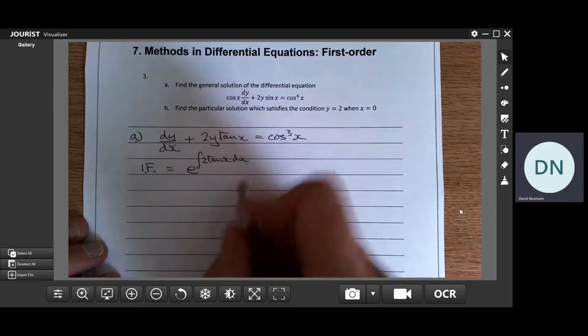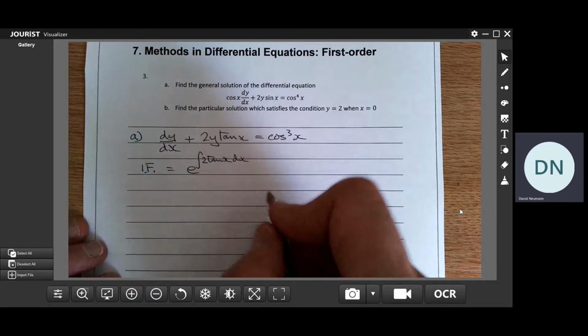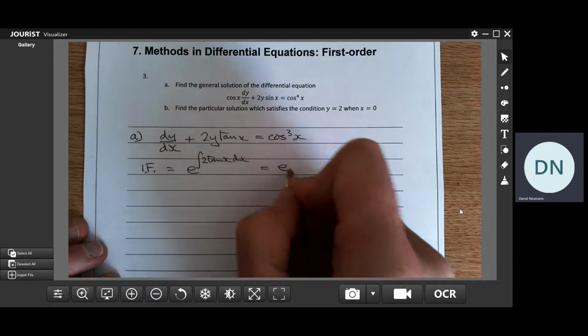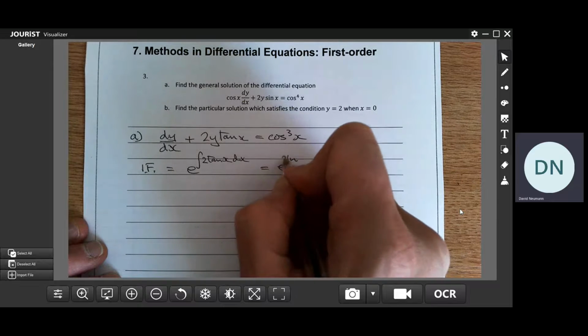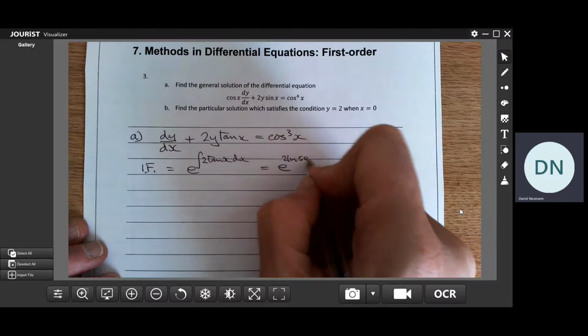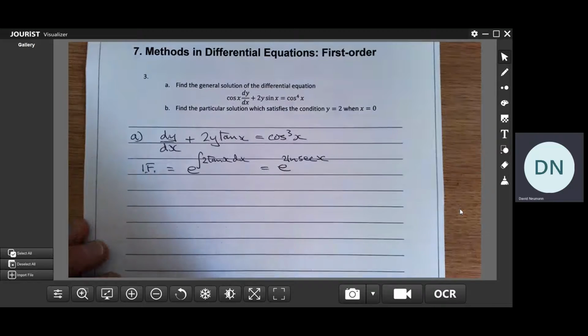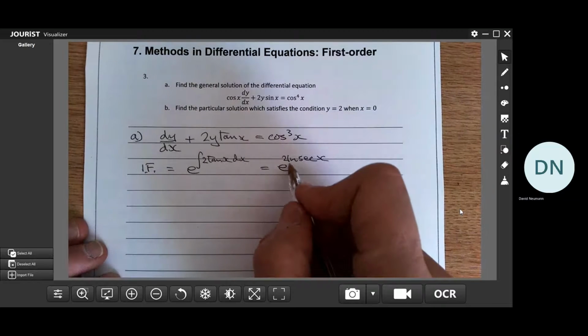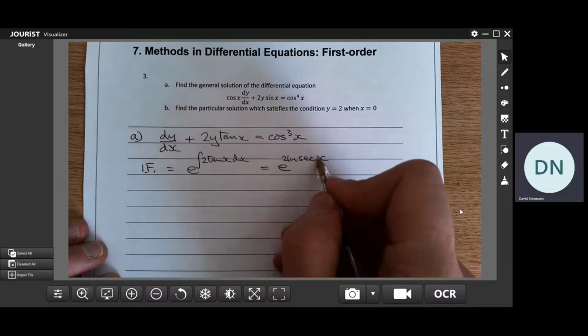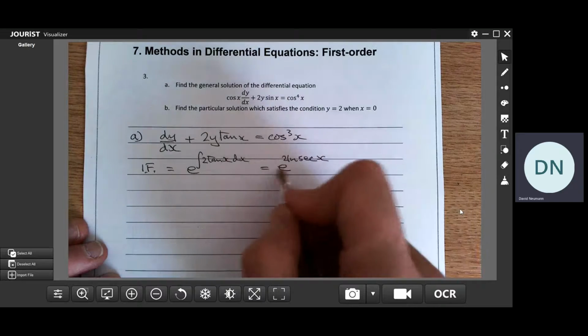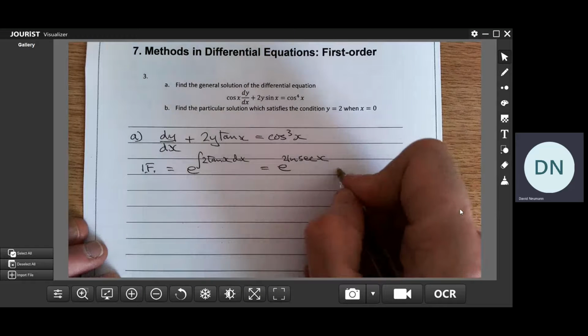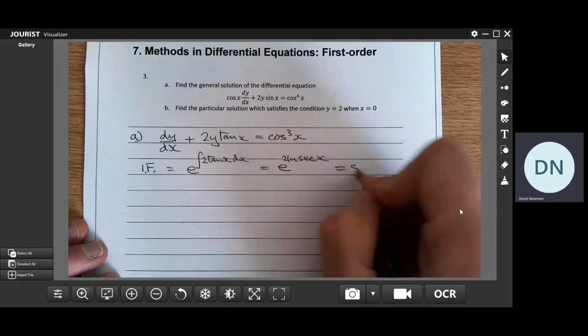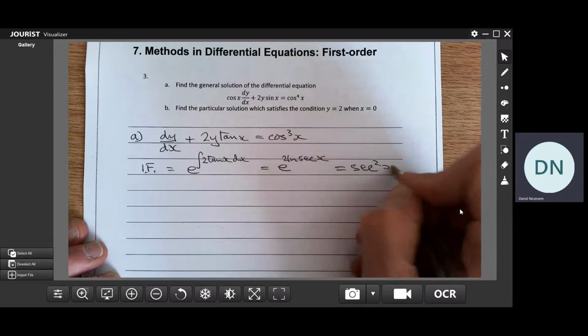When we integrate tan x, we get ln of sec x, so we've now got e to the 2 ln sec x. That's e to the ln sec x to the power of 2. E to the ln sec x is just sec x, so we've got sec squared x.